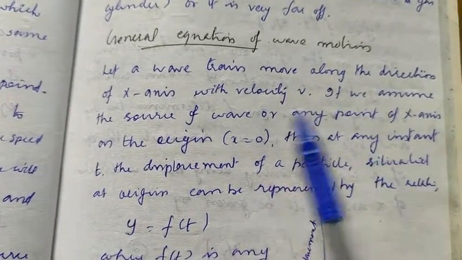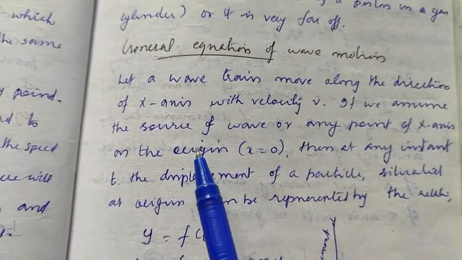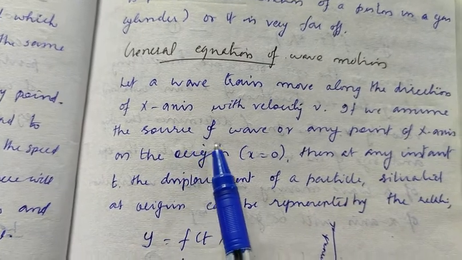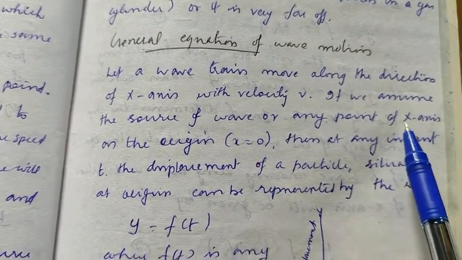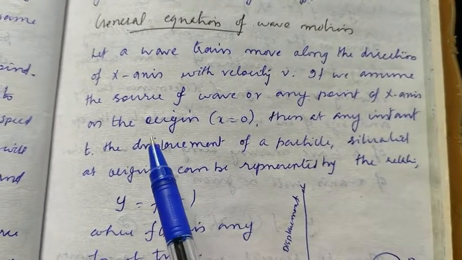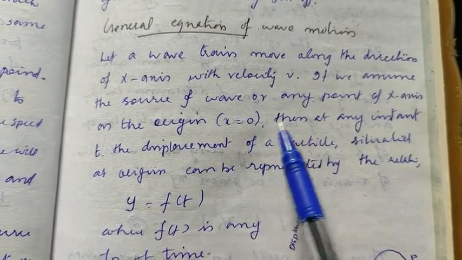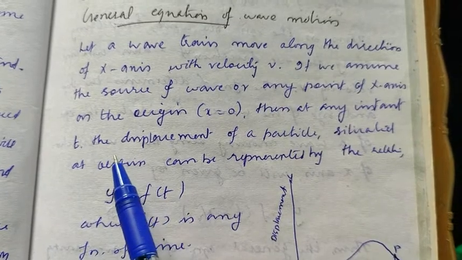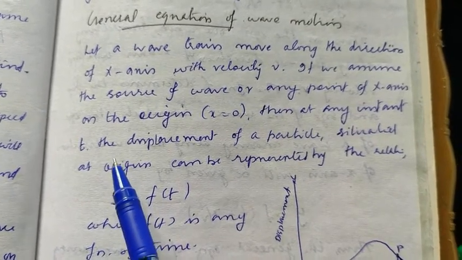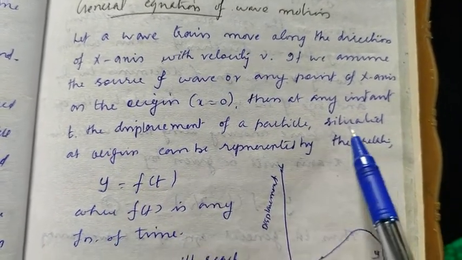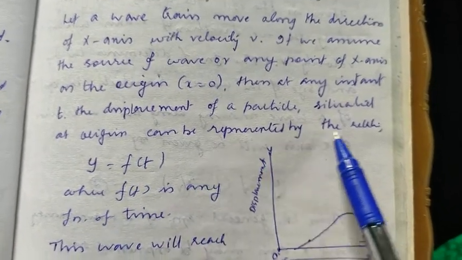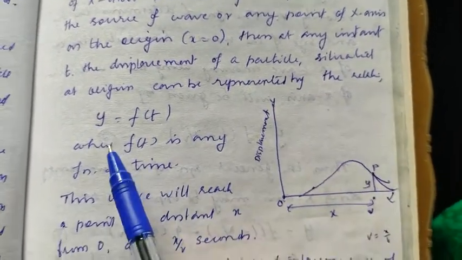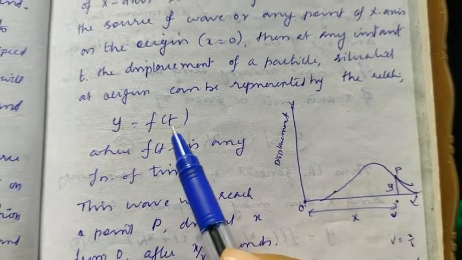If we assume the source of the wave, or any point on the x-axis, as the origin, x equal to 0, then at any instant t, the displacement of the particle situated at the origin can be represented by the relation y equal to f of t.